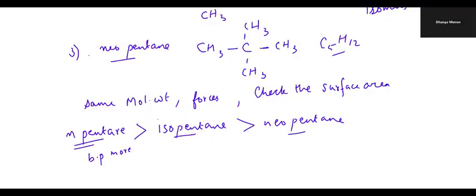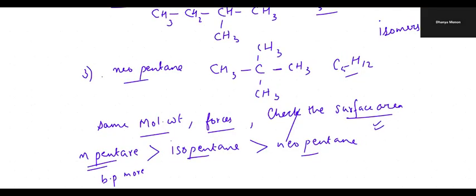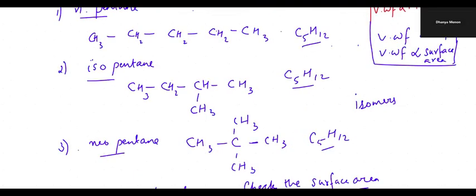Whenever you see that the molecular weight is the same and the force is the same, you check the surface area. Usually for isomers we check the surface area because for isomers the molecular weight will definitely be the same. So definitely you will look out for surface area. I hope this is clear.